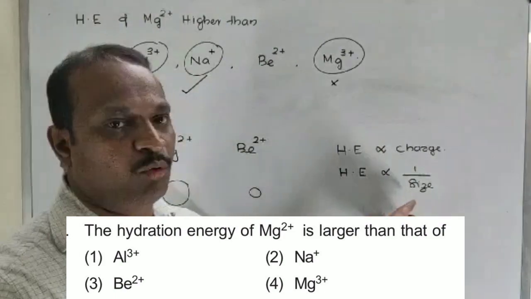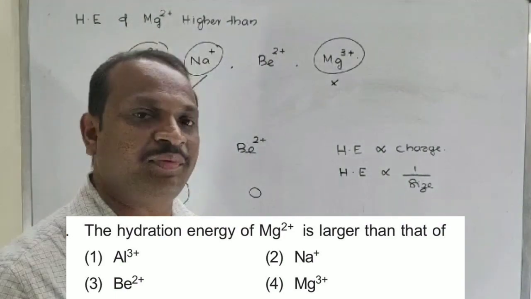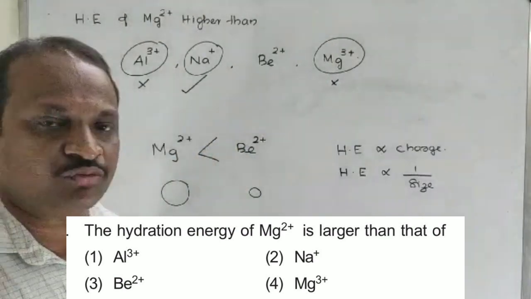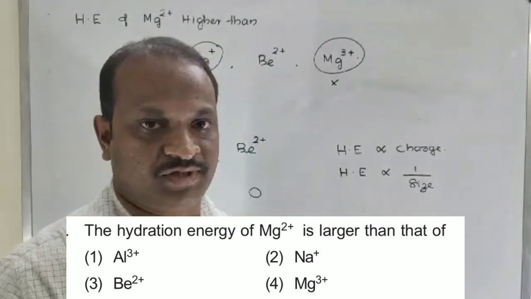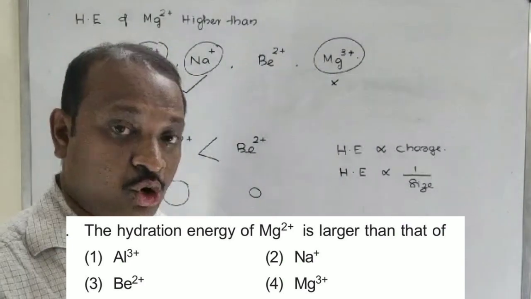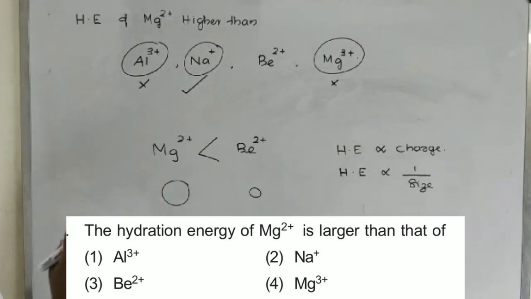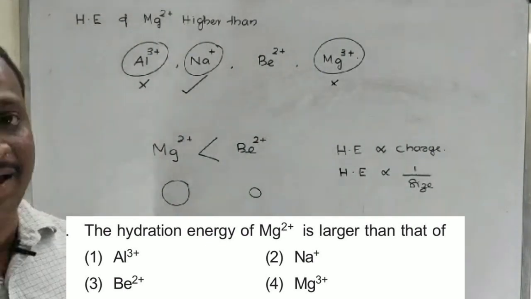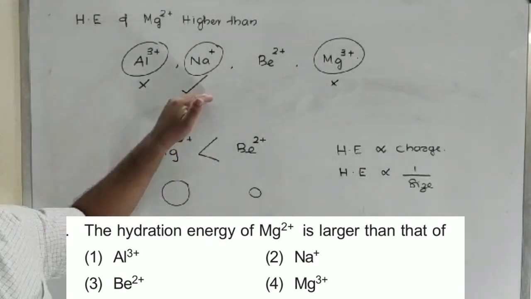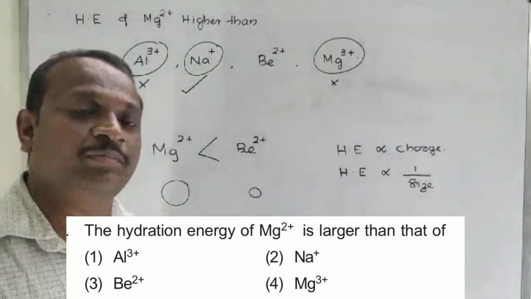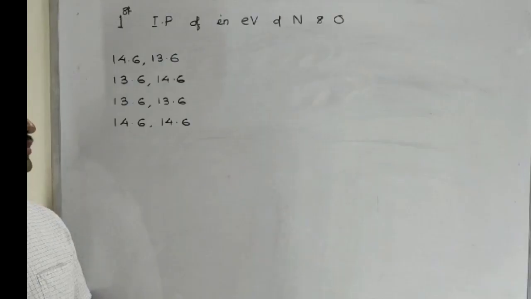If the size is smaller, again hydration enthalpy will be maximum. So who has higher hydration enthalpy? It's beryllium 2+ in this case. So our answer: hydration enthalpy of Mg2+ will be higher than that of Na+. All other species have a higher hydration enthalpy than Mg2+.